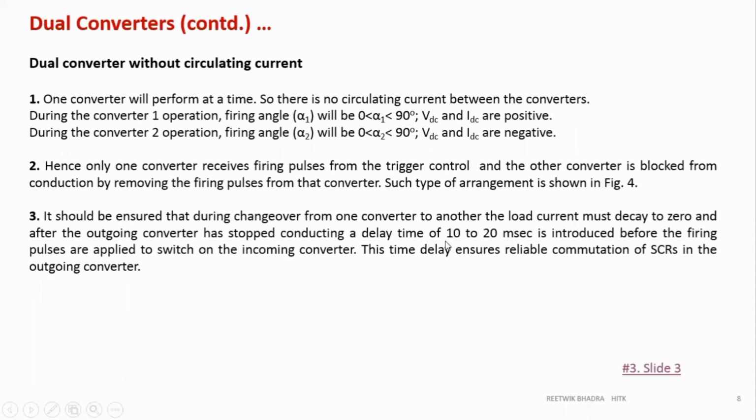So there should be a small delay of 10 to 20 milliseconds before firing of the other converter switches. Okay, so there will be a reliable commutation. You know this thing, that if a small gap is there, there will be no cross conduction faults and everything. So that's why it is always required to give a 10 to 20 millisecond delay for reliable commutation of SCRs in the outgoing converter.